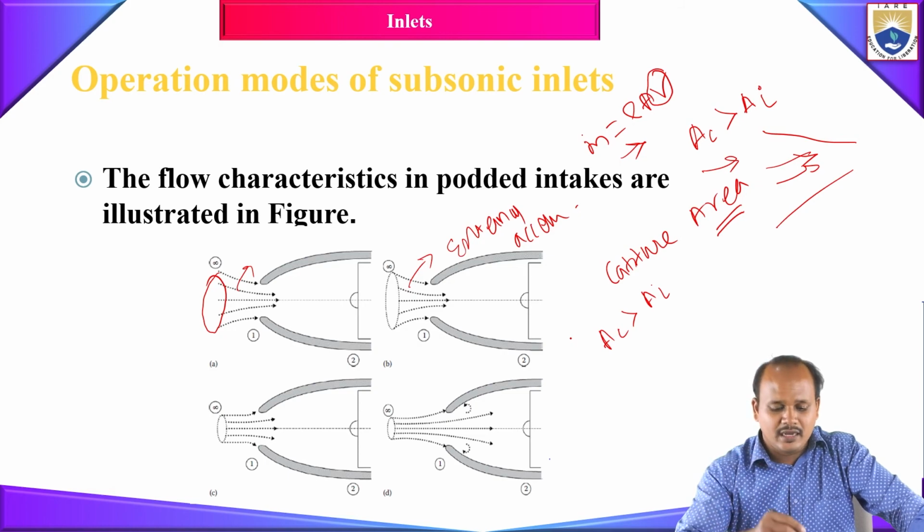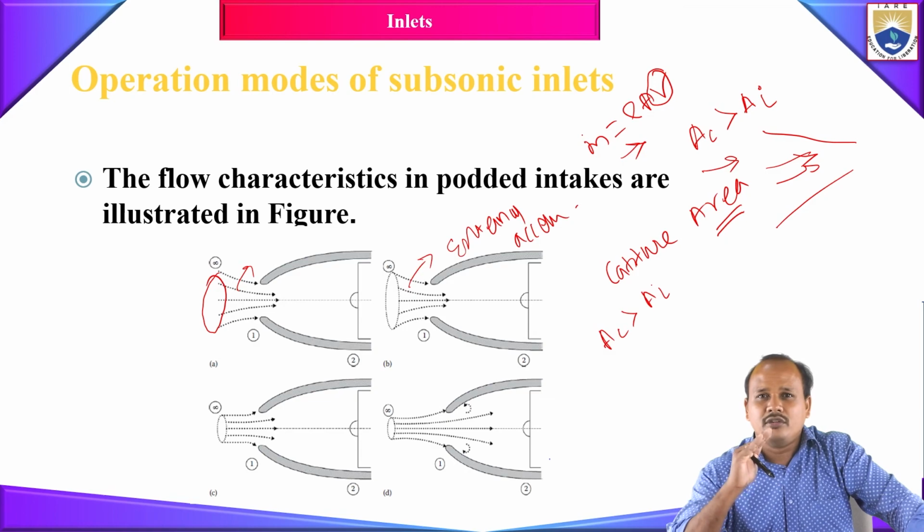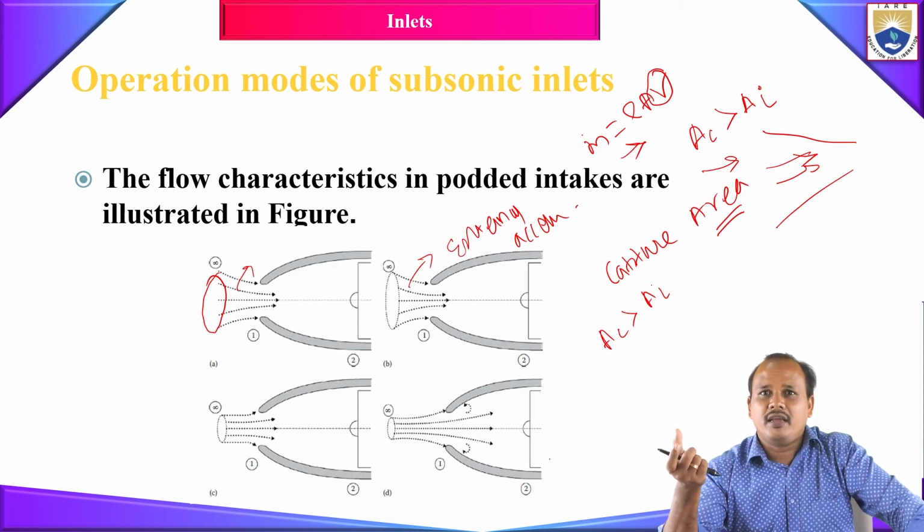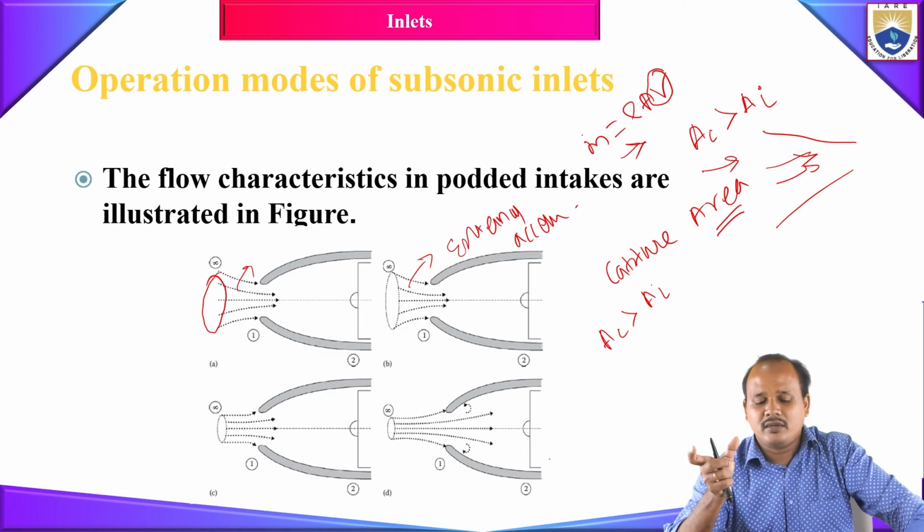Why do we consider the cruise speed as the design Mach number? Because during cruise we travel the most distance, while takeoff and landing are a very small portion of the actual flight. Cruise is the important one, so we should have maximum efficiency during cruise.